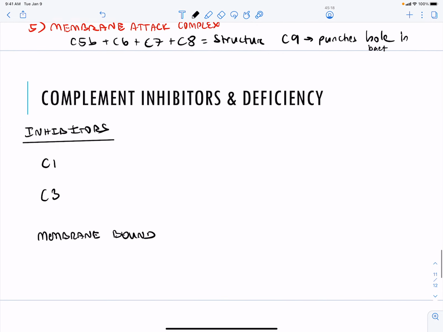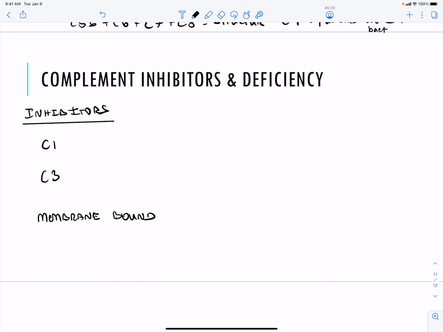Okay, so let's just talk a little bit about inhibitors and deficiency. Anything that is going to cause inflammation is very important to have controls over. Also, because these are all constitutive, it's important to have inhibitors present in case they accidentally get activated. So there are C1 inhibitors which prevent C1 QRS activation.